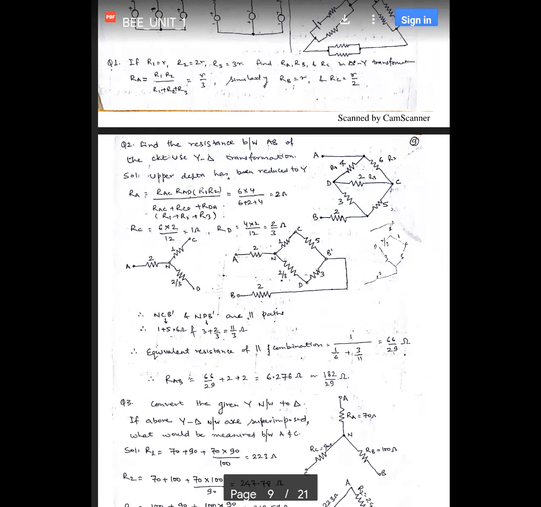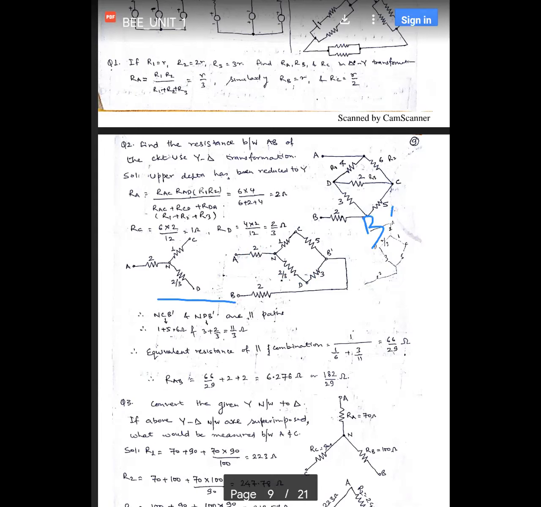Okay. So now whenever the current is flowing from A to this node N, there will be a current division. So this upper branch and this lower branch will be in parallel. Okay, so NCB dash, this is the B dash, which is again redrawn here.